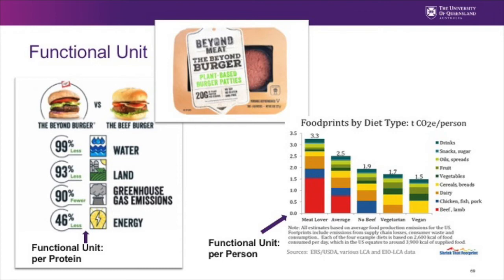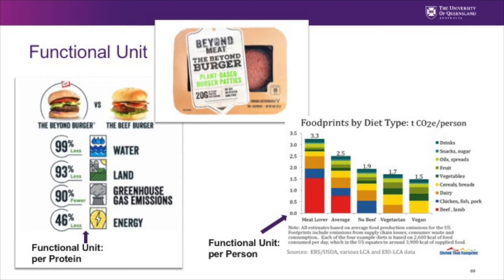So we know that is the thing that is in common for the beef burger and the plant-based burger. And then, as an example, we can show that the plant-based burgers consume less water, land, and produce much less greenhouse gas emissions and consume less energy.